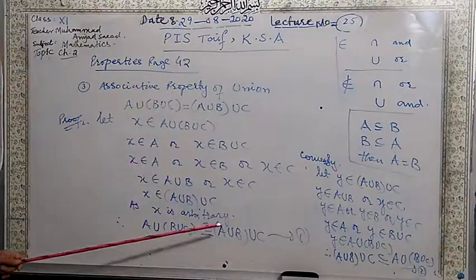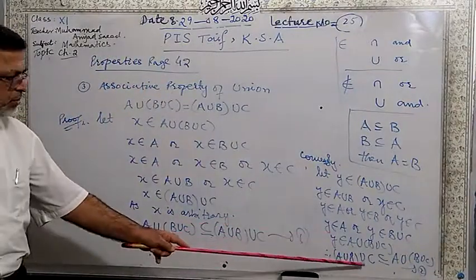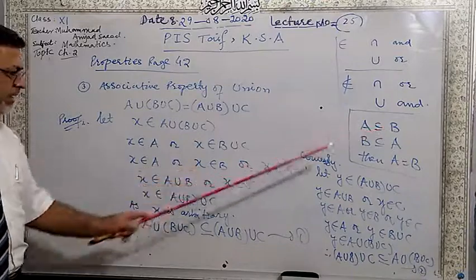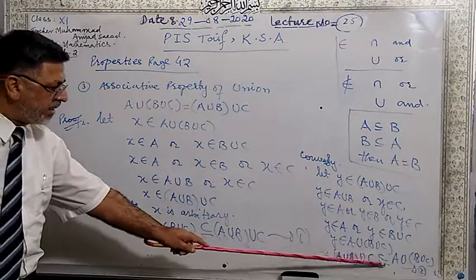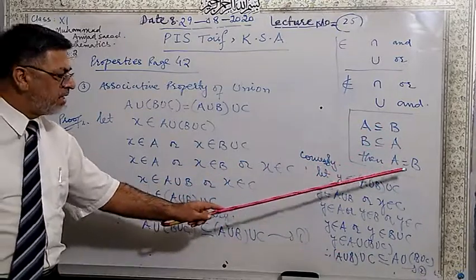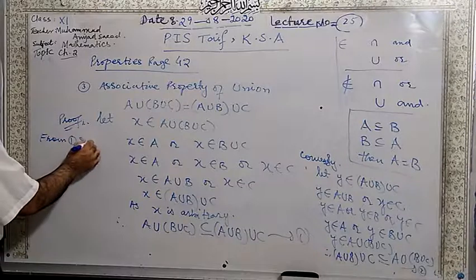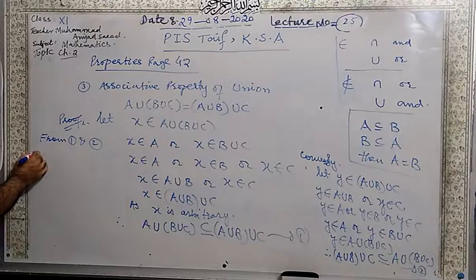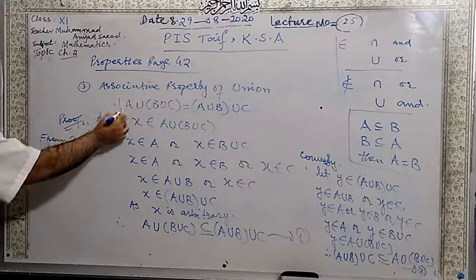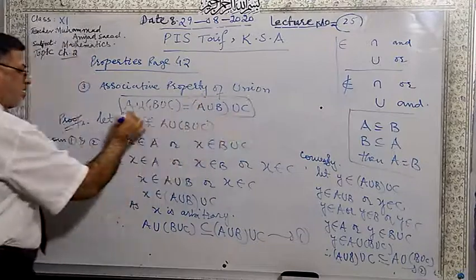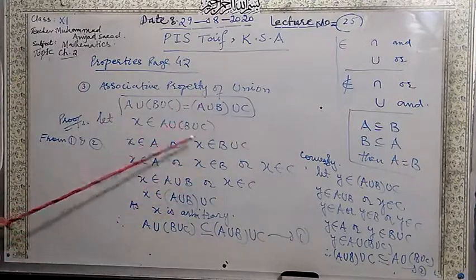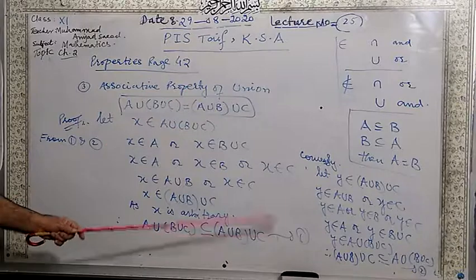Remember that from 1 and 2, A contained in B and B contained in A, then A is equal to B. Hence, from 1 and 2, the result follows. The left hand side is equal to the right hand side.